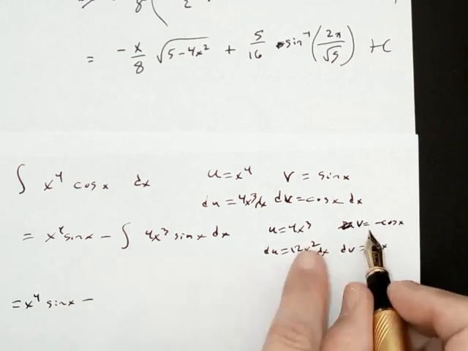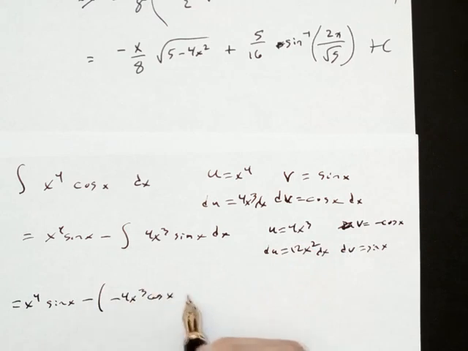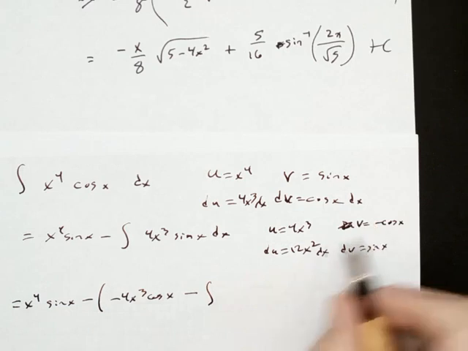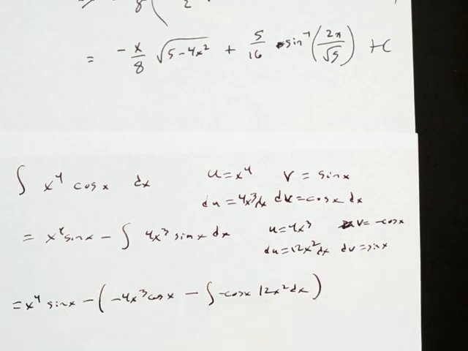Okay, but now I've got a minus sign and another minus sign. Minus the integral v du. There's another minus sign. Now I've got to distribute all my minus signs.